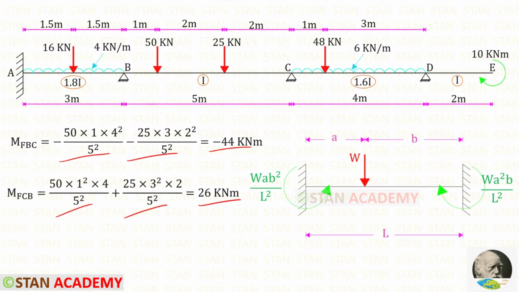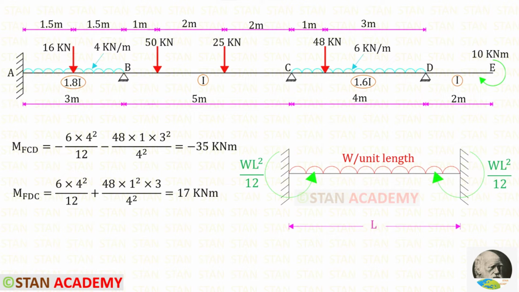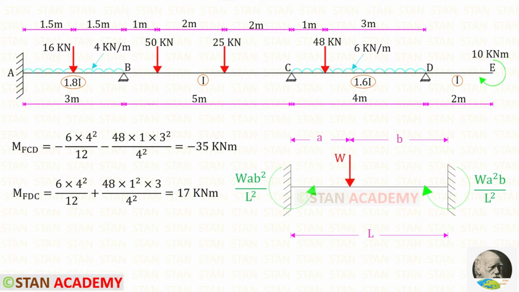Now let us find the fixed end moments in the span CD. In the span CD, we have a point load and uniformly distributed load. First, let us take the uniformly distributed load. We know the formulas to find the fixed end moments. Here W is 6 and L is 4. Now let us take the eccentric point load.